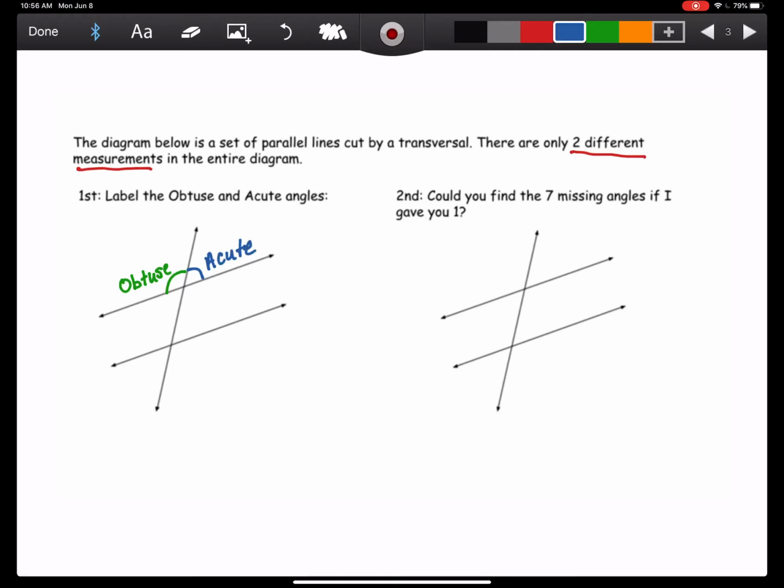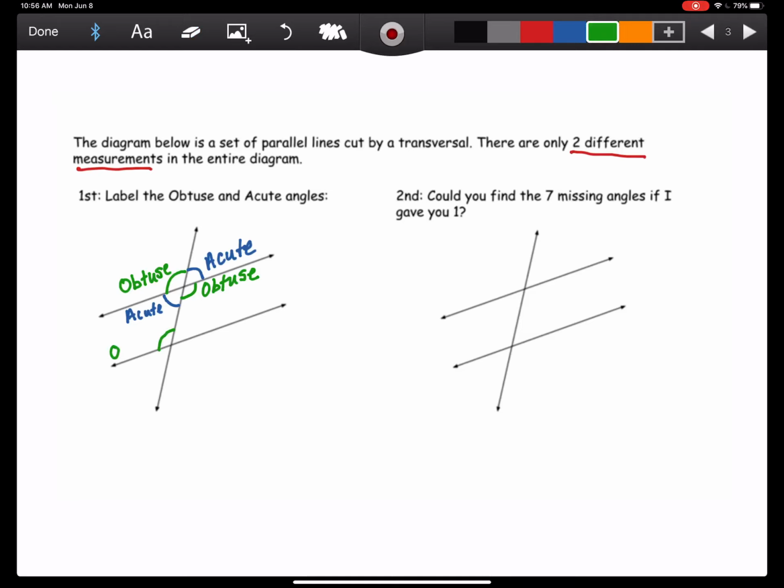Now, as I start to fill them in, there are 6 more angles in this diagram, okay? There's an acute angle here. Notice its relationship with the other acute angle, kind of diagonal. There's an obtuse angle over here. There's another obtuse angle over here, again, diagonal.